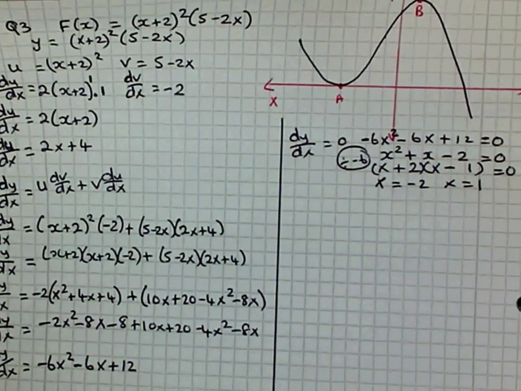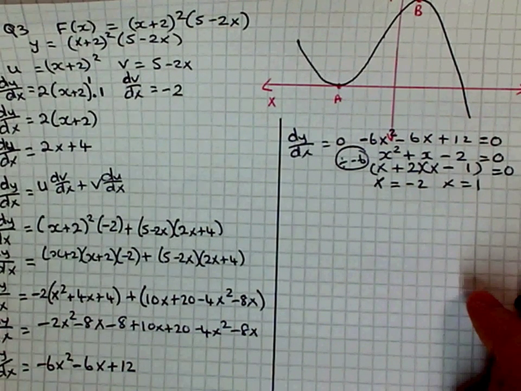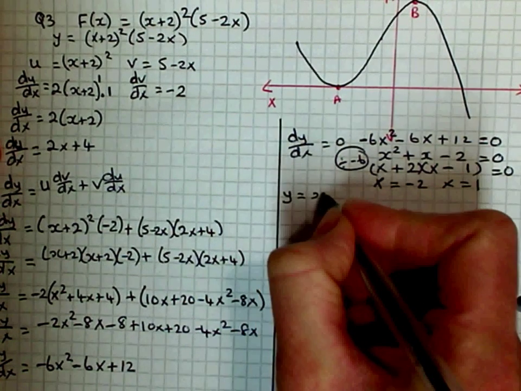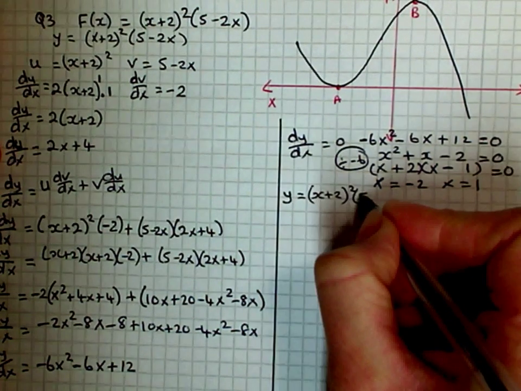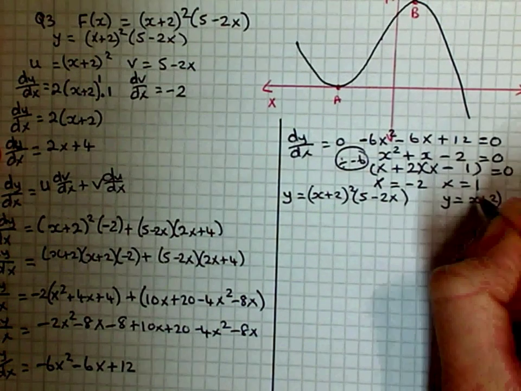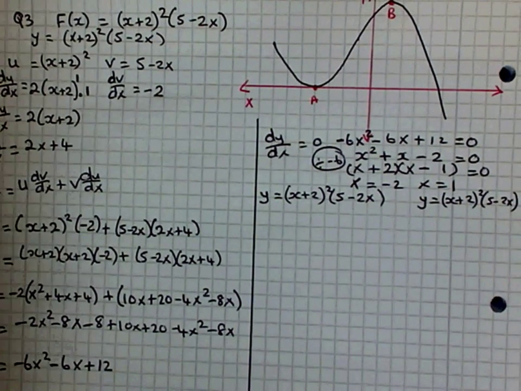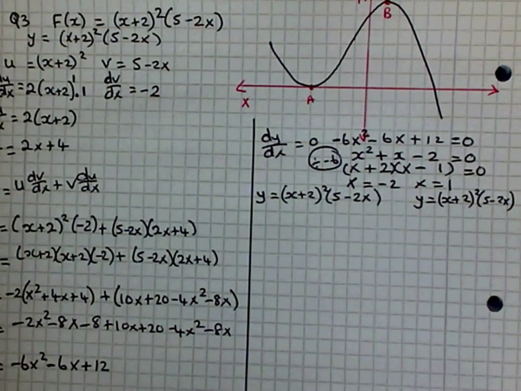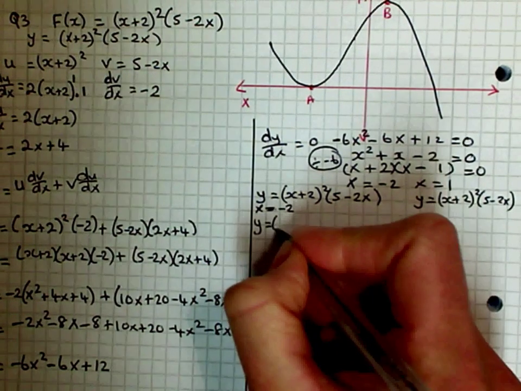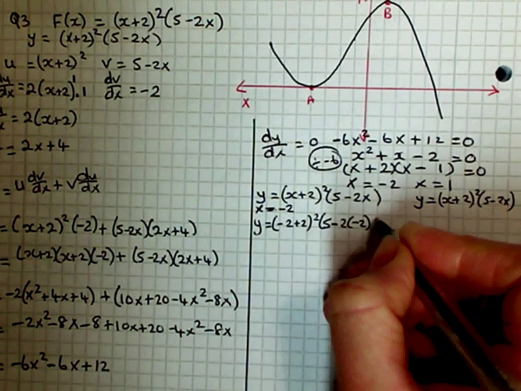Okay, so the next thing that we want to do is find our corresponding values for y. We know that y, or f of x, was equal to (x + 2) all squared by (5 - 2x). So I'm going to let x equal to minus 2. So y is equal to (-2 + 2) squared by (5 - 2 by -2).